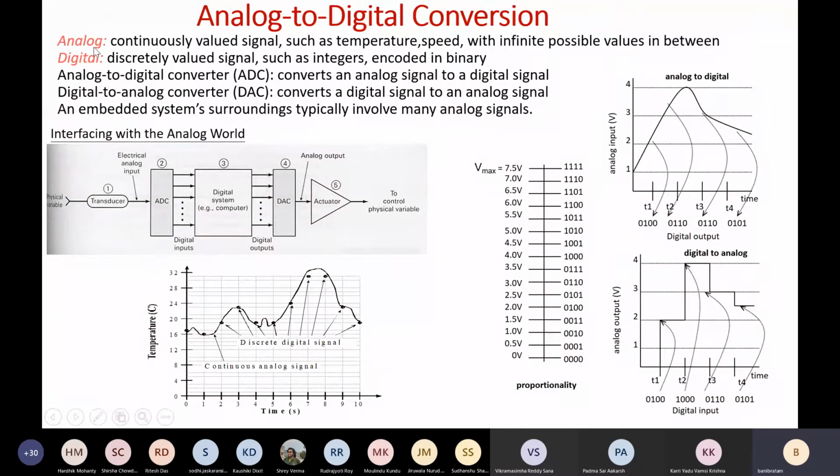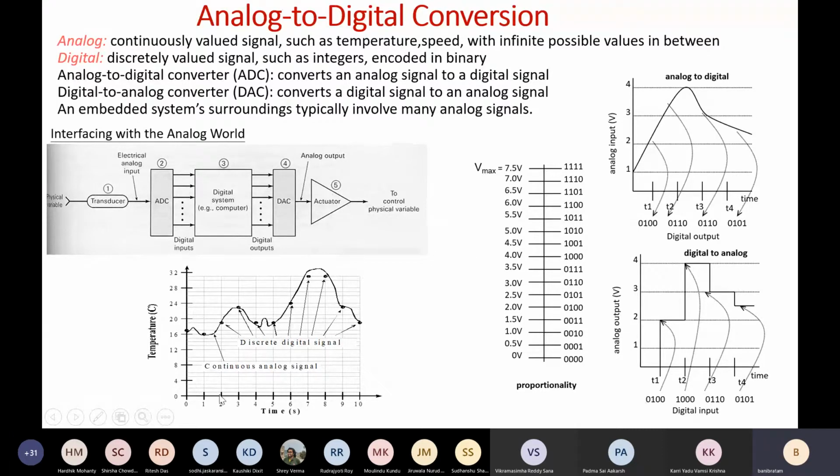But when we talk about our embedded system applications, we typically deal with the digital signal, which is basically the discretely valued signal, like integers encoded in binary format. A digital signal is the discretized form of the analog signal, right?